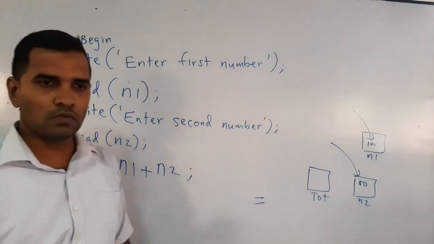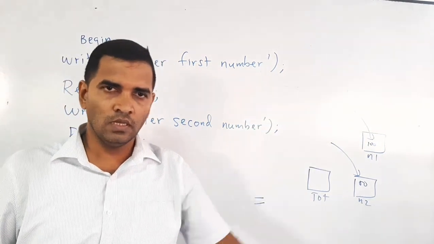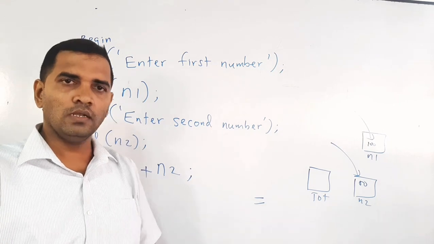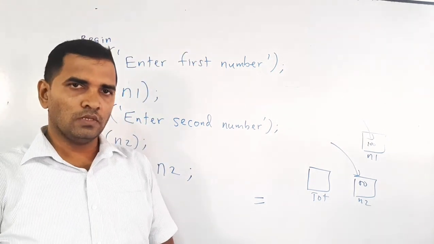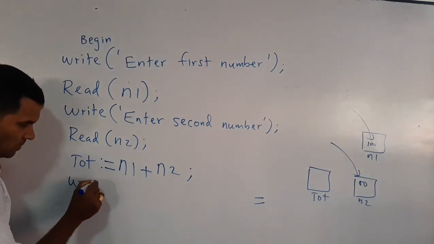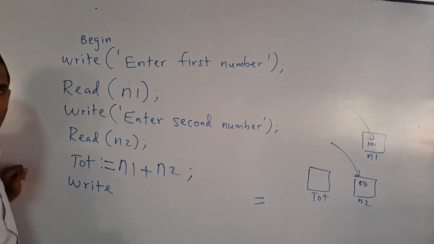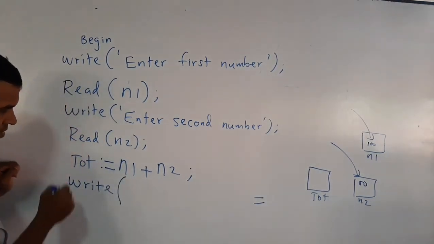You found your answer, but the problem is your answer is in one location. Now you have to show that as output on the screen. So to show anything on the screen, again you have to use write or writeln. Any command is okay. Write what?